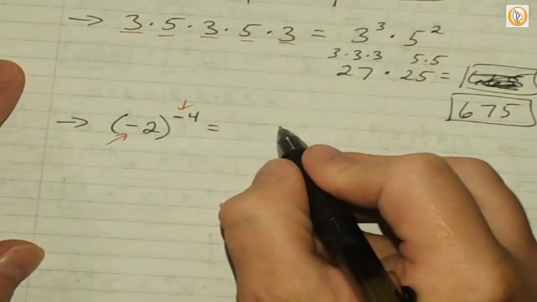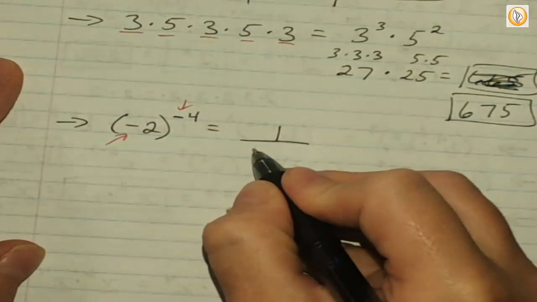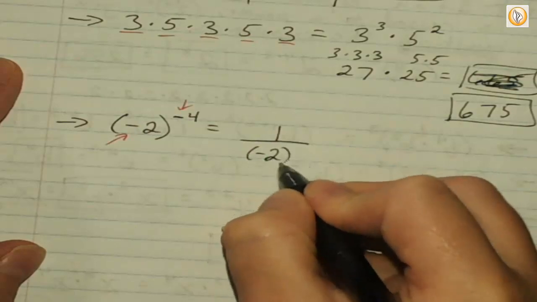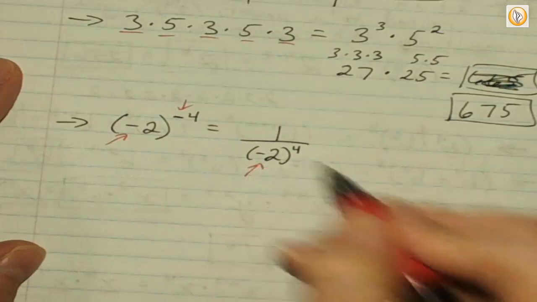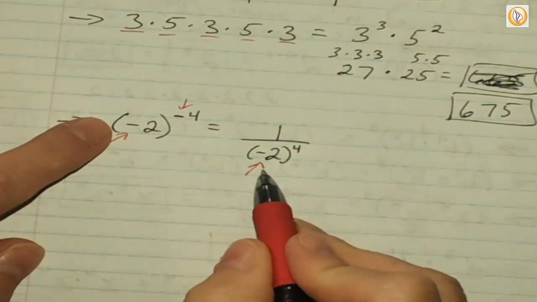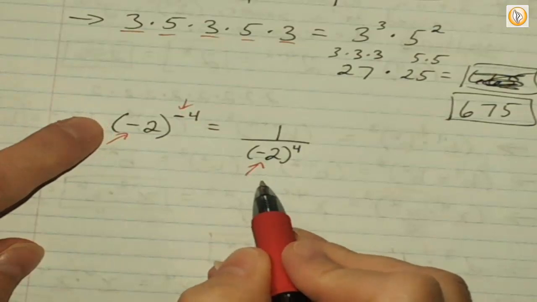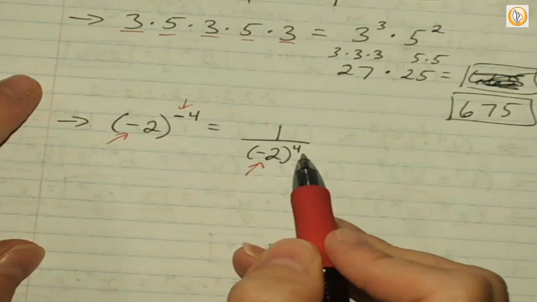Fraction. You divide, or put it on the bottom, right? So then down here, I have, it's still -2, but it's a +4. Please notice this. The -2, the negative base, does not change when you put it on the bottom. Just the exponent becomes negative and now positive.